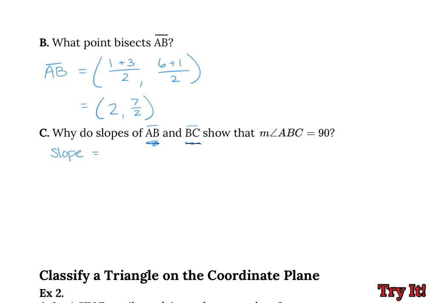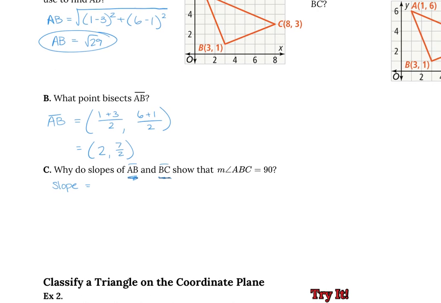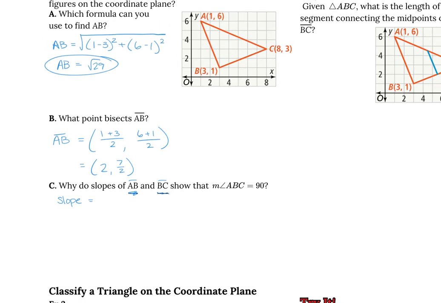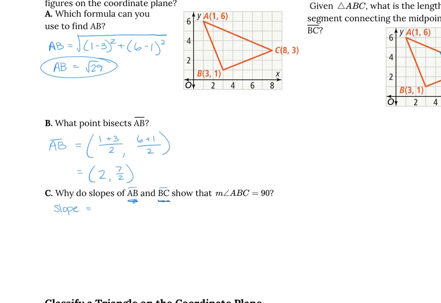All right, to find our slopes, we want to put our y's on top. We're subtracting our y's. So 1 minus 6 over 3 minus 1.